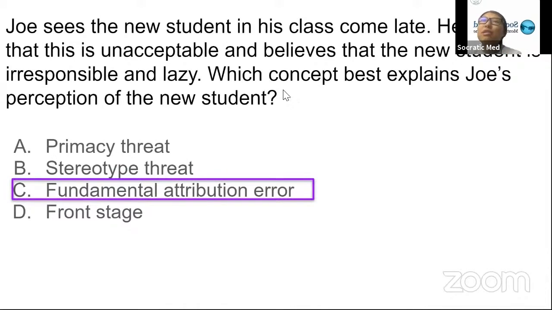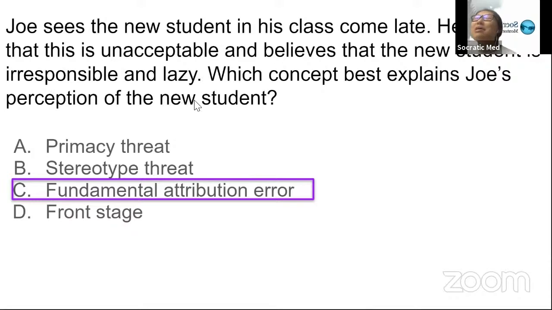So the question says, Joe sees the new student in his class come late. He believes that this is unacceptable and believes that the new student is irresponsible and lazy, which concept best explains Joe's perception of the new student?